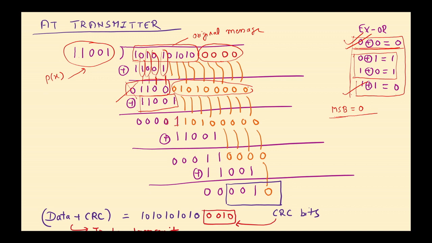If bits are equal, then 0, so all bits are 0. The remaining bits you write as they are. So the observation is that some MSB bits are 0, and these are not considered in the division operation. So you start the division from this bit.